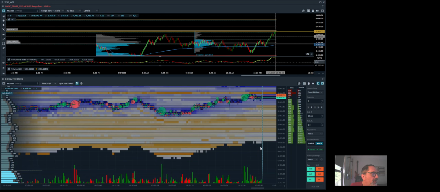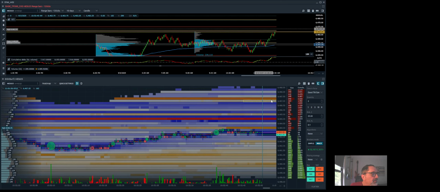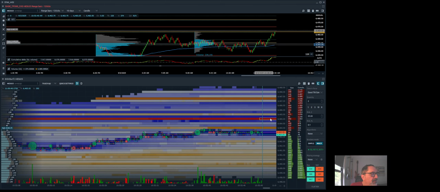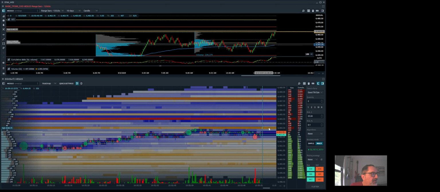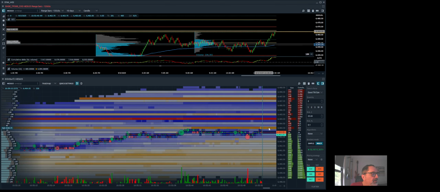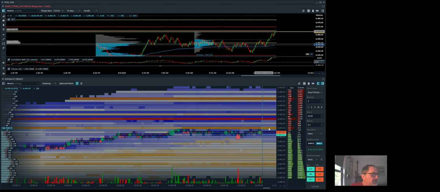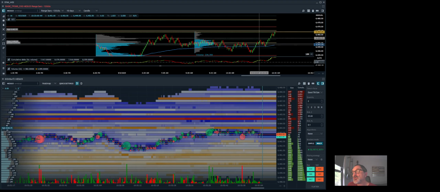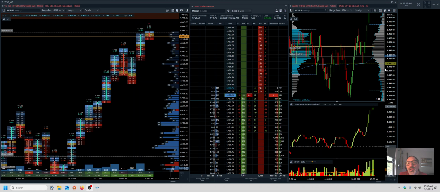Where liquidity is. The darker the red, the higher the liquidity. 293 on this line. Here's 292, 229. So we take a look at that. That's like an orange, right? So this is what we're looking at. Let's go back to the footprint and dome, and let's look at this.